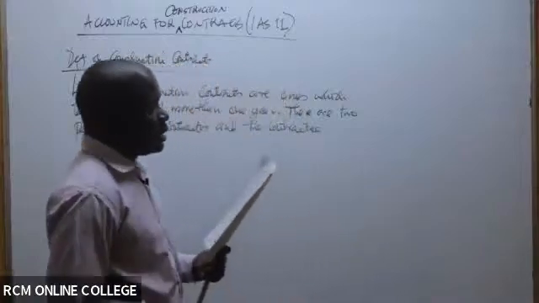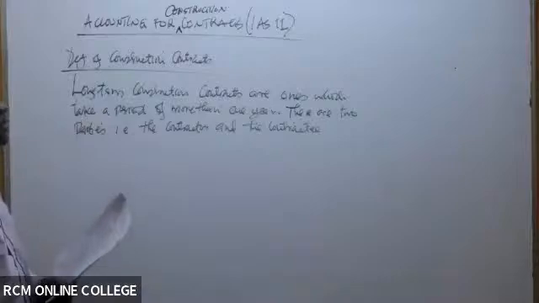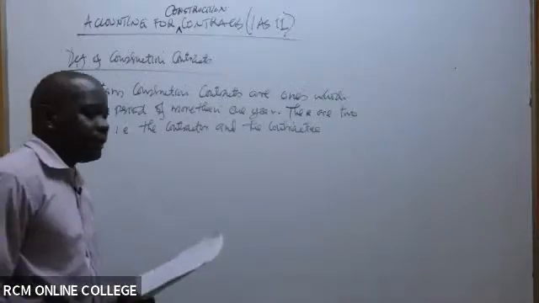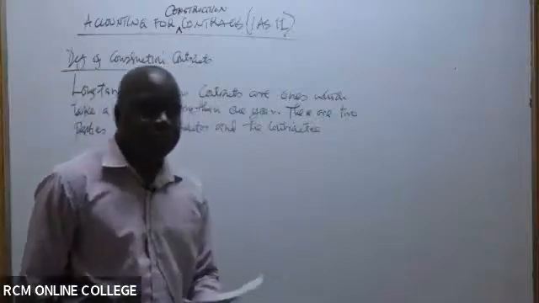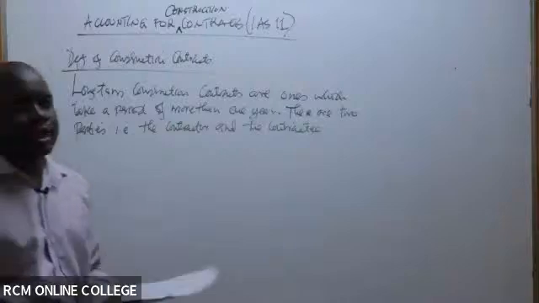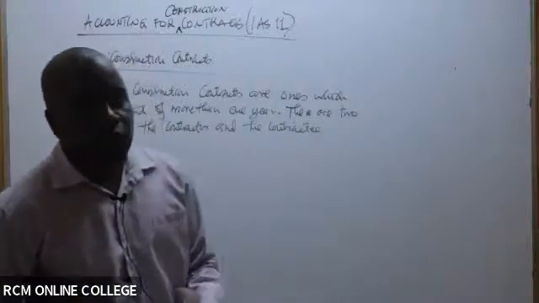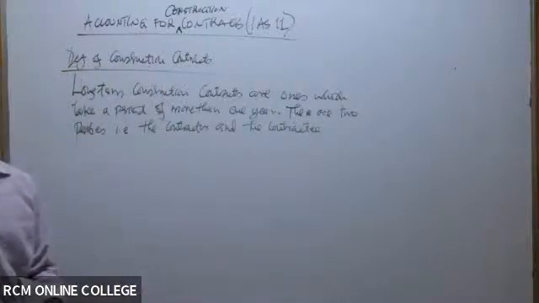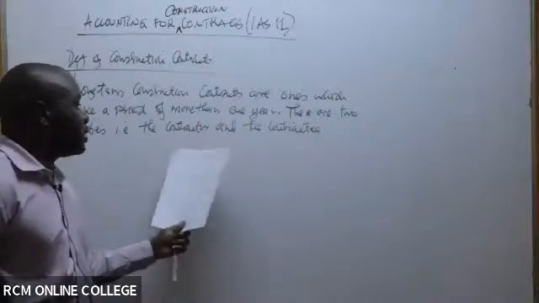So our main purpose here is to understand, for example, how we determine profit under the contract, and how we value the work in progress, which eventually becomes an asset in the books of the contractor.